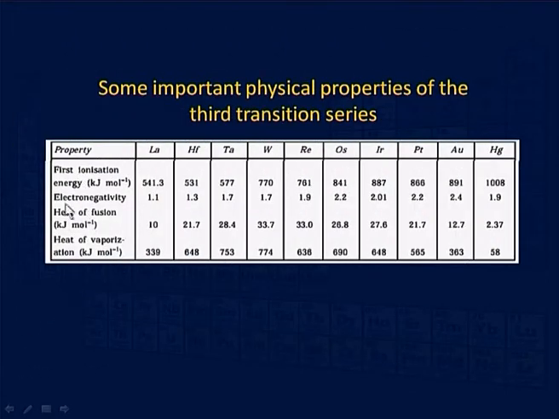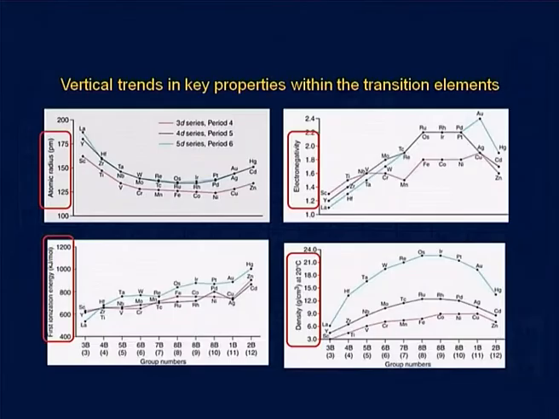The data for ionization energy, electronegativity and heat of fusion as well as heat of vaporization are also depicted in this table for the third row transition metal ions. Now, after seeing the data, the same thing we can see graphically. This picture shows the vertical trend in the key properties within the third transition series along with the first and second transition series.